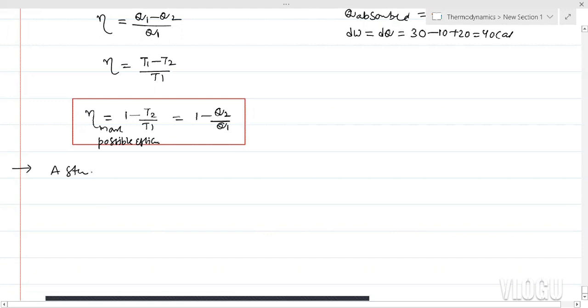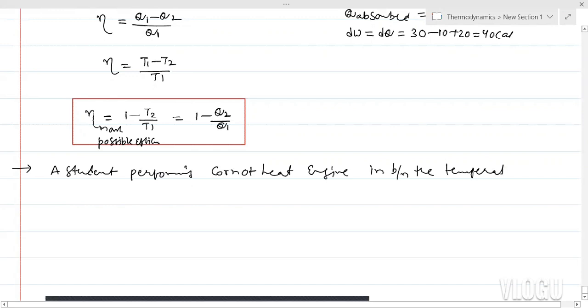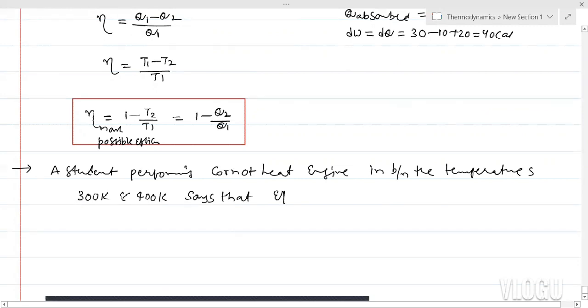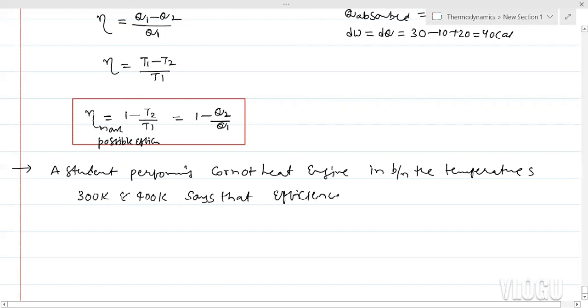A student performing a Carnot heat engine in between the temperatures 300 Kelvin and 400 Kelvin says that the efficiency is 29%.